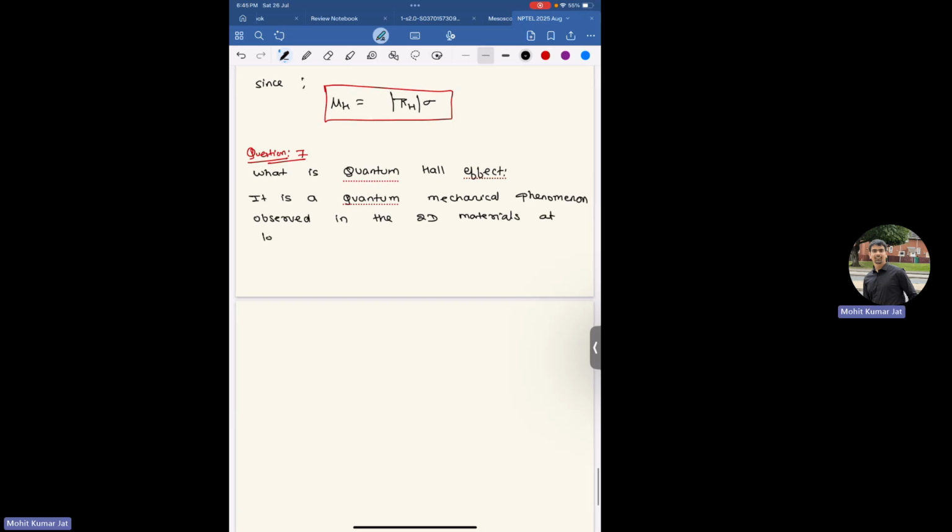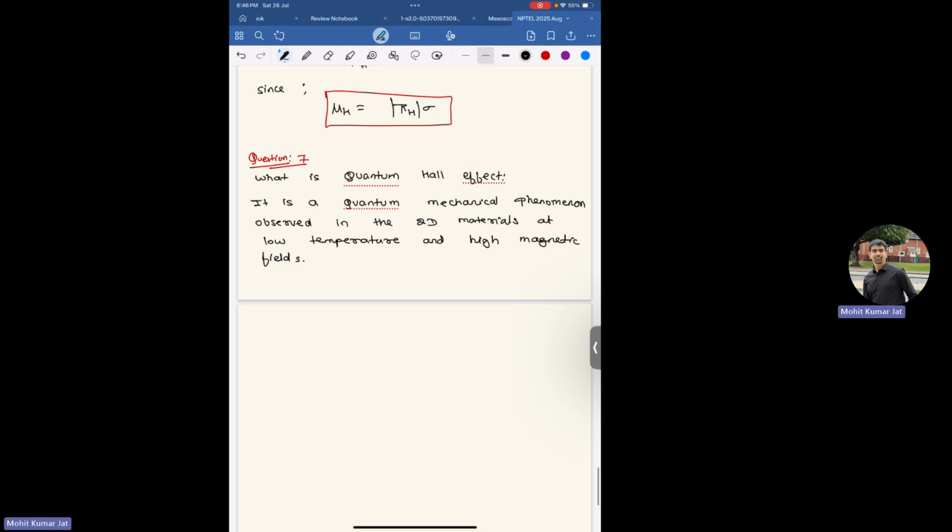Low temperature is needed, otherwise the classical counterpart will just obscure these because of the thermal broadening. And high magnetic field. High magnetic field is needed to split the energies, so they are well separated and they can be easily resolved.